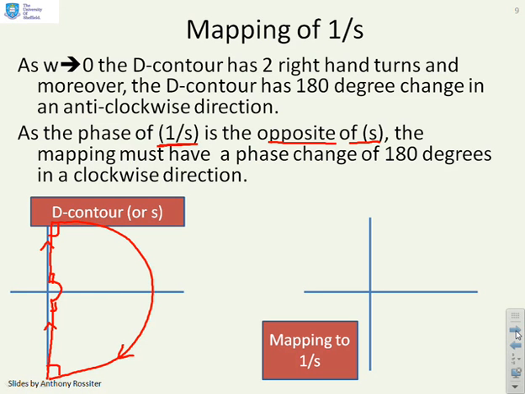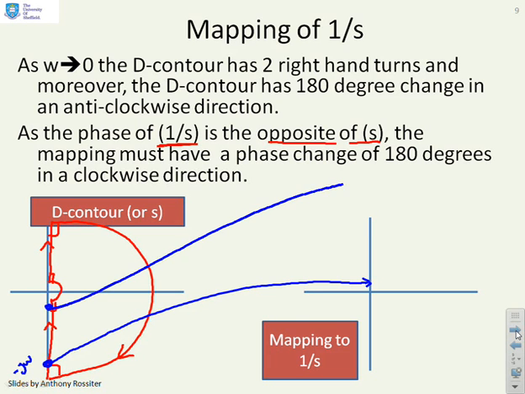So if I do a mapping of this point here, and remember this is minus j omega, it's going to map to the positive imaginary axis, and it's going to map to a very small value because that's a very large value, so that's going to map to there. If I imagine a value up here which is approaching the origin, that's going to map to a very large value somewhere up here.